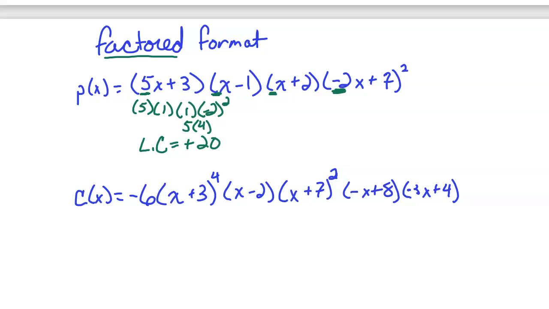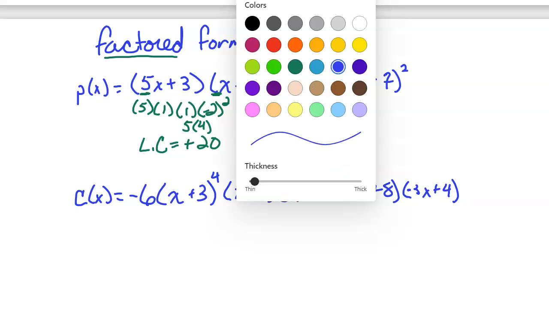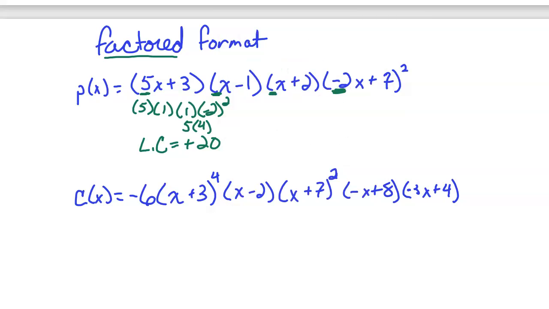Okay? So if we look at this one, and we go with all of our coefficients, we do have to take into account this negative. We've got to take into account this 1, this 1, this 1, this negative 1, and this negative 3.